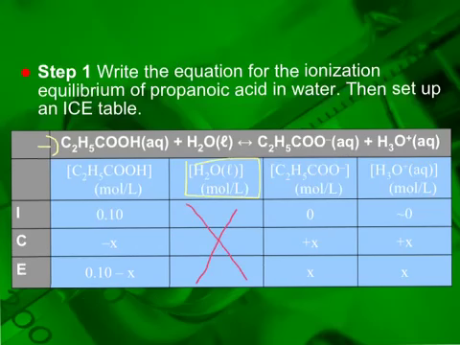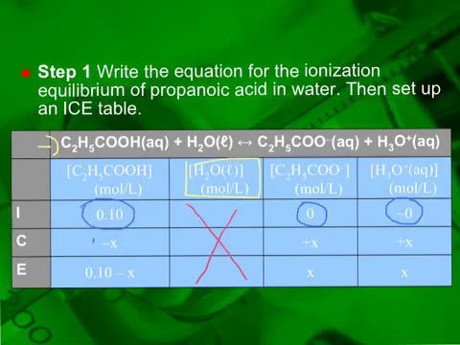Next, we fill out our ice table using the information we're given. We're told that the initial concentration of propanoic acid was 0.10 moles per liter. And we know initially there was no amount of propanoate or hydronium. Now we can continue on with our change row.